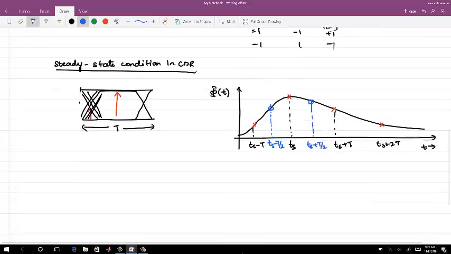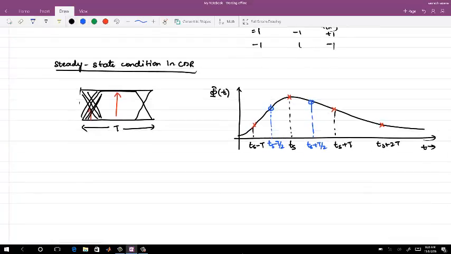Now this input is going into your clock recovery loop, where you are recovering the clock based on the edge transition. So what is the input here at an edge point?